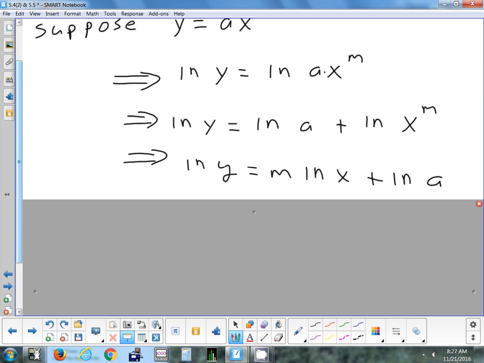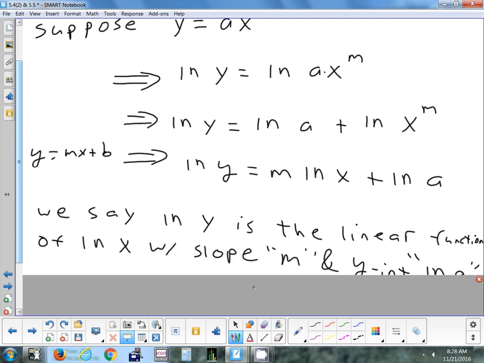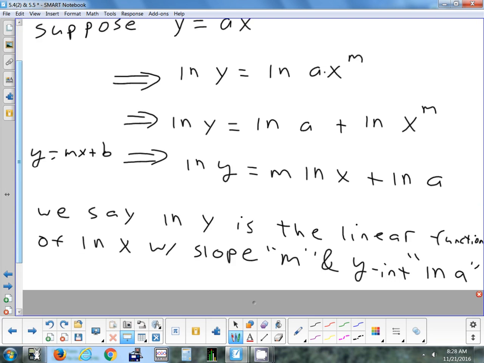Now, that last equation I have isn't exactly like that. But basically, if you took y equals mx plus b, and you put an ln in front of everything, ln y equals m ln x plus ln a, and that's a different letter, you'd pretty much have the same equation. So what that means is natural log y is a linear function of natural log x with a slope of m and a y-intercept at ln a.